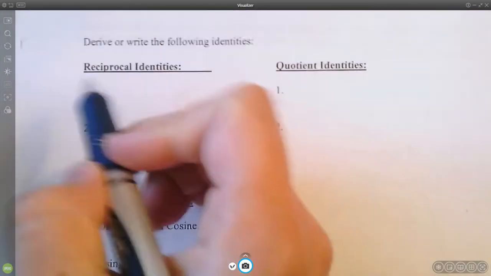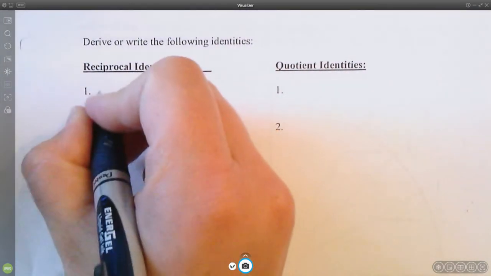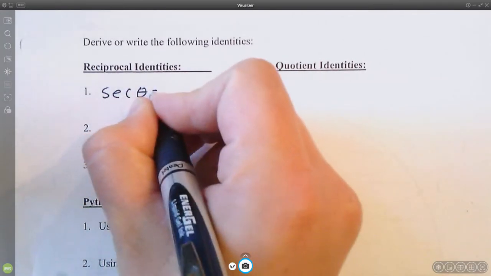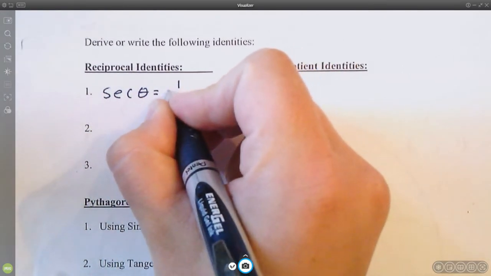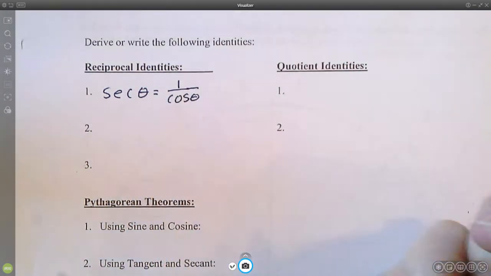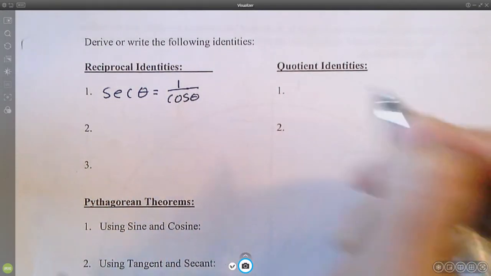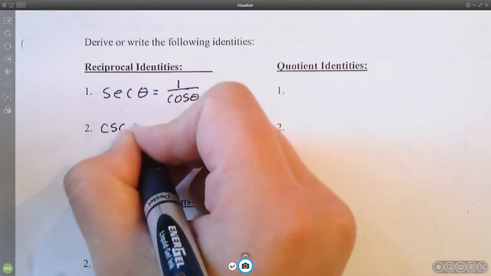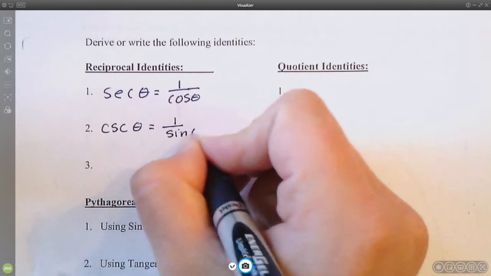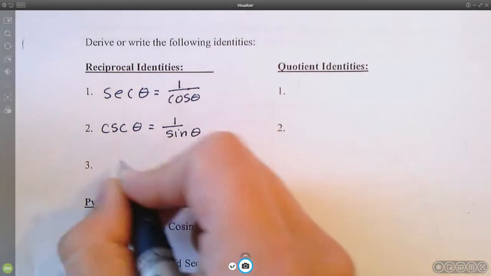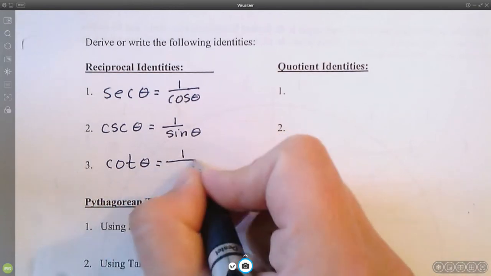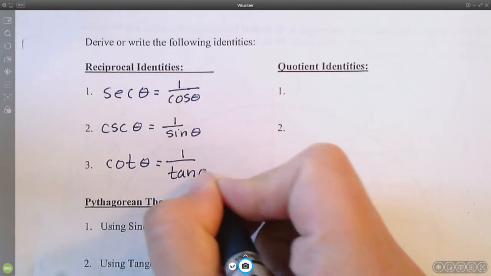So our reciprocal identities: we have secant of theta equals 1 over cosine theta, cosecant of theta equals 1 over sine theta, and cotangent of theta equals 1 over tangent of theta.